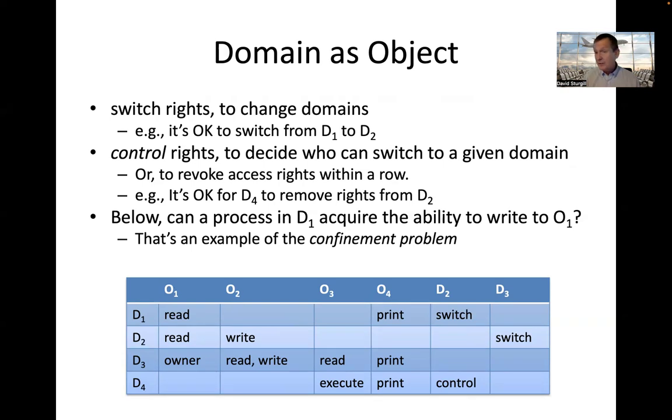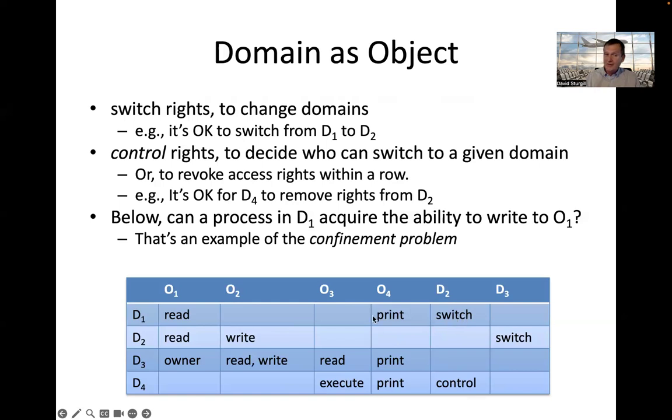So to do that, we could add some more stuff to this access matrix. If we want to talk about the ability to change domains, then domains also need to be treated as objects. So I've added some columns for domain D2 and D3. And in these columns, I've put some new types of access rights. A switch access right could be used to show that you can switch from the domain for that row, in this case D1, to the domain for that column.